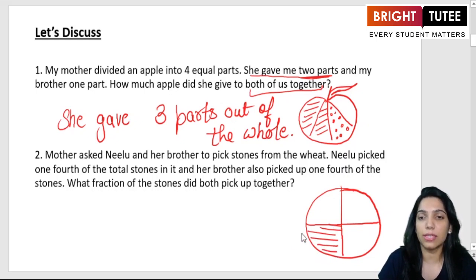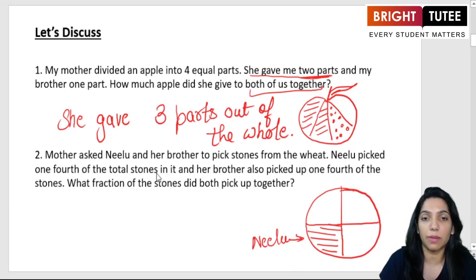So this is the part that Neelu has picked up. Now it says that 1/4 of the total stones was picked up by her and 1/4 was picked up by her brother. So let's say this is the part that Neelu's brother picked up. So I'm just writing brother here.